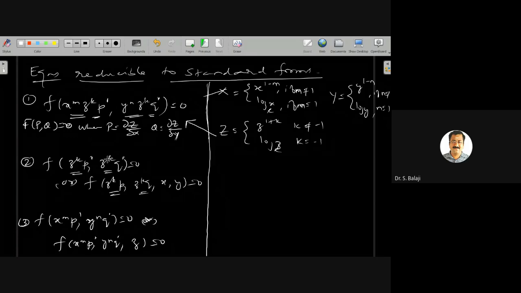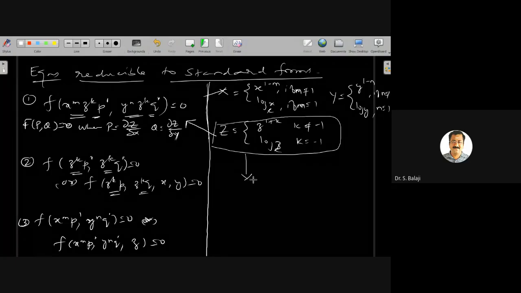Therefore, for this type of equation, only z is with the product, so this is the only substitution you have to put, z equal to so on. The same substitution you have to put here. Now, under this substitution, it can be converted into f of P, Q equal to 0, or a separable equation f of x comma P is equal to g of y comma Q. This is a separable equation.